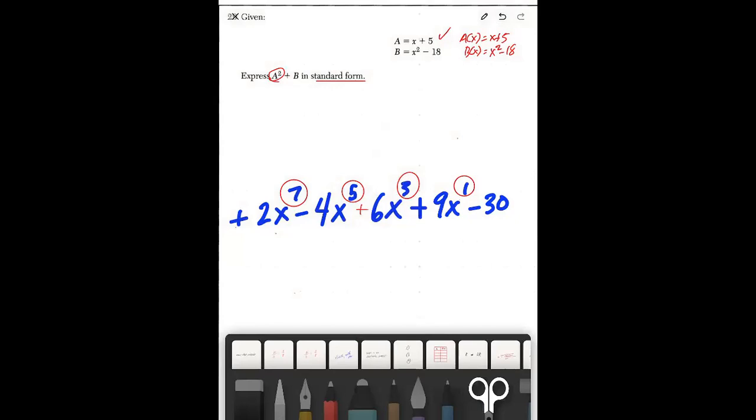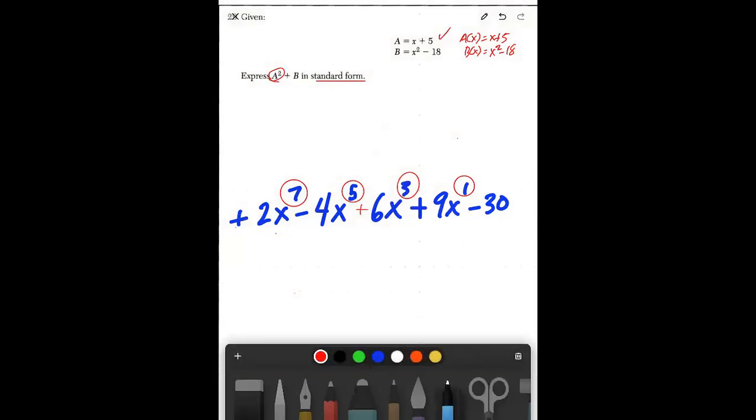Now it's in order. 7 is the highest, 5 is the next, 3 is the next, 1, and then the constant always goes last, always. And by the way, the leading coefficient is the coefficient in front of the highest exponent. So the leading coefficient for this polynomial is 2. Those are just some things you need to know when they talk about standard form.